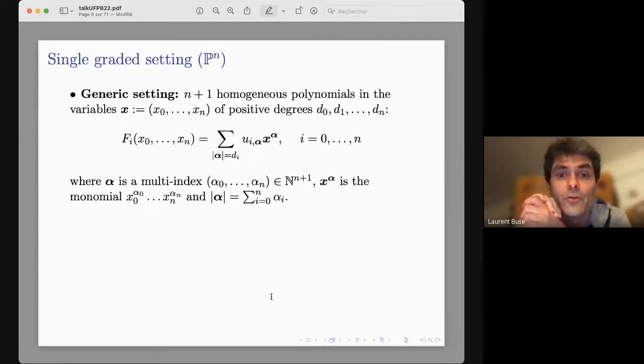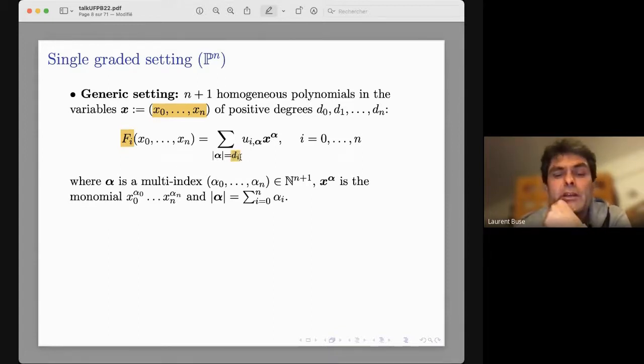So I start to put some more notations. So now I will take n plus 1 homogeneous polynomials in the variables x0, ..., xn. So these are homogeneous variables of Pn. And now I consider these homogeneous polynomials, capital Fi, and I assume they are all of degree di.